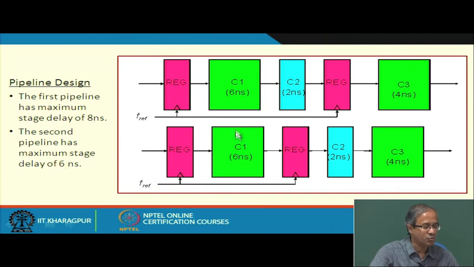But now I can again reduce my power supply voltages in these blocks, so that I make these blocks a little slower, so that again I can achieve that time of 8 nanoseconds. This is the basic idea, that I use retiming to make my pipeline more efficient, but to retain the original timing requirement which is good enough for me, I make the block slower by reducing the power supply, and if I do that, my power will also go down. This is the idea.